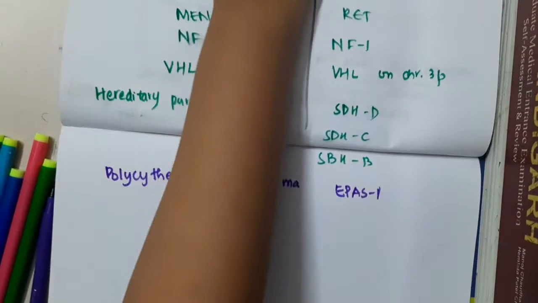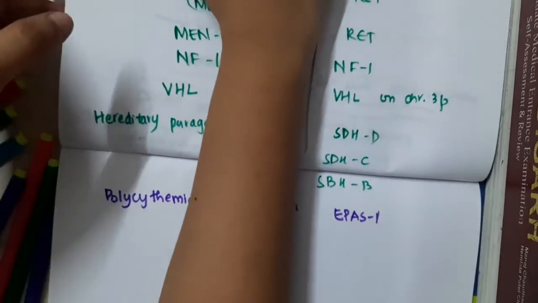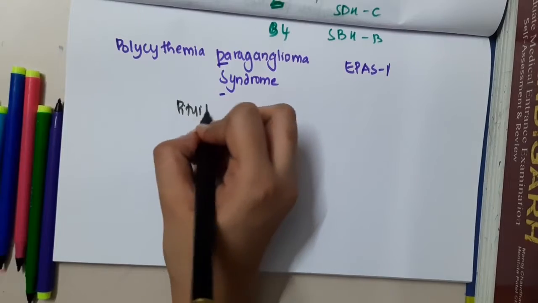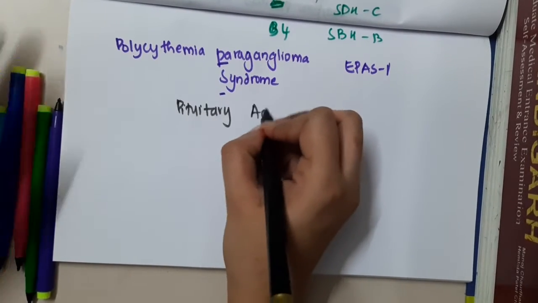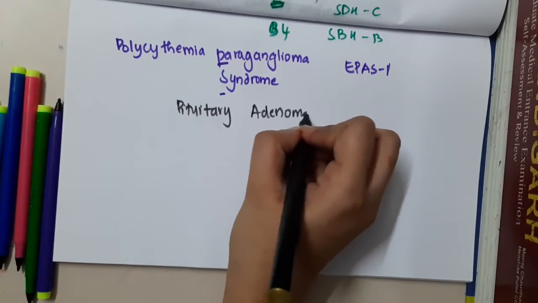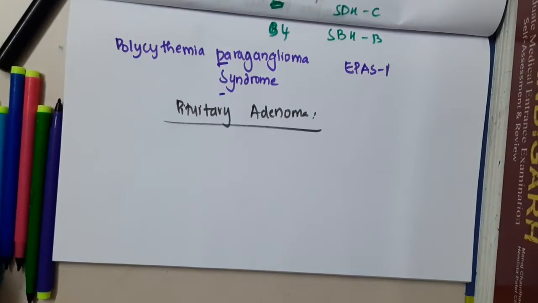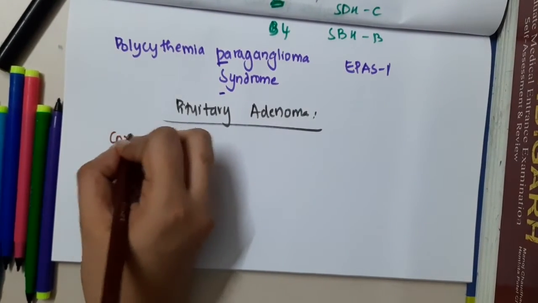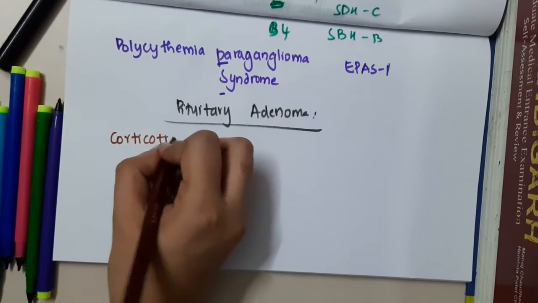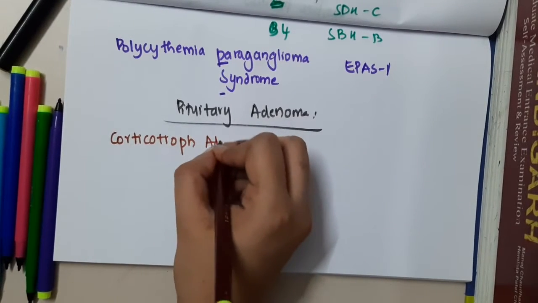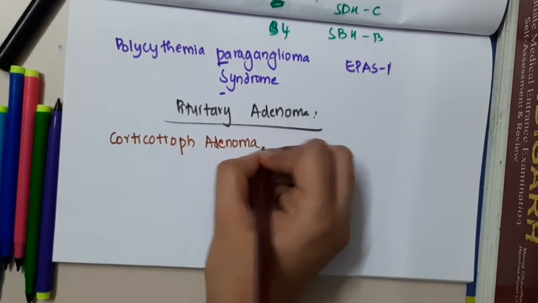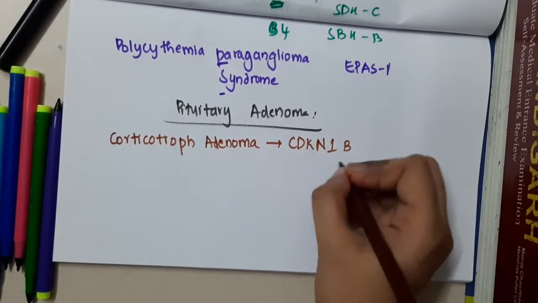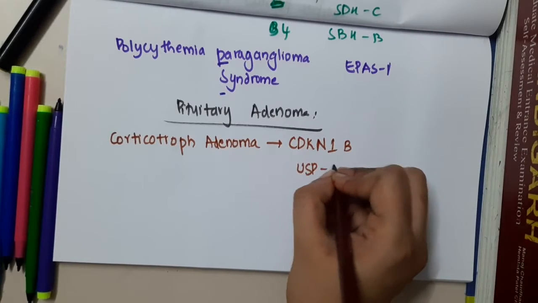Hello friends, let us now learn the genes associated with pituitary adenoma. What are the genes associated with pituitary adenoma? If it is corticotroph adenoma, it is associated with CDKN1B and USP6.